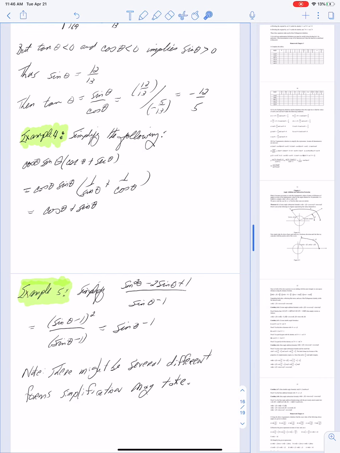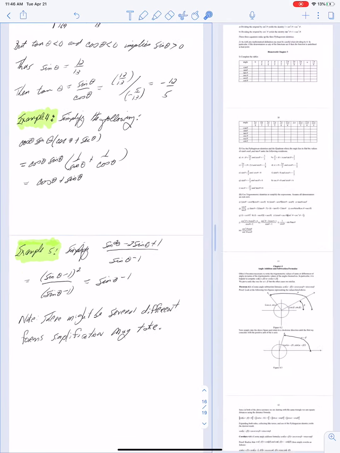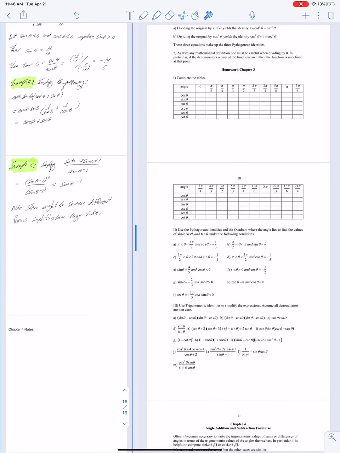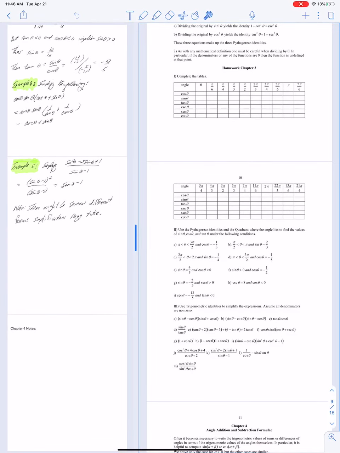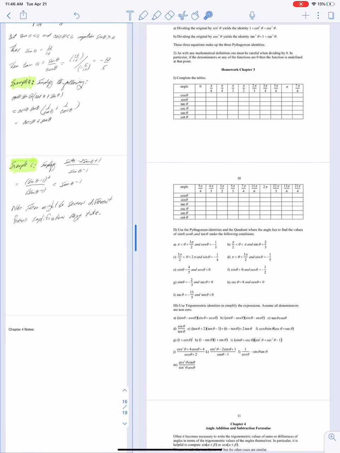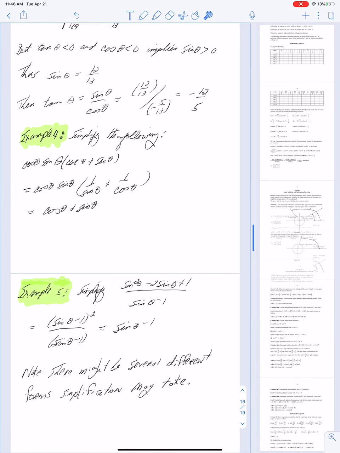Example 5. Well, example 5 is also in the homework. What a guy. In fact, it can be found over here, letter K. All right, so let's see how we would do that. Sine squared theta minus 2 sine theta add 1 over sine theta minus 1.